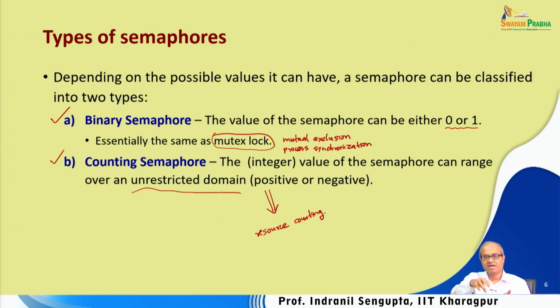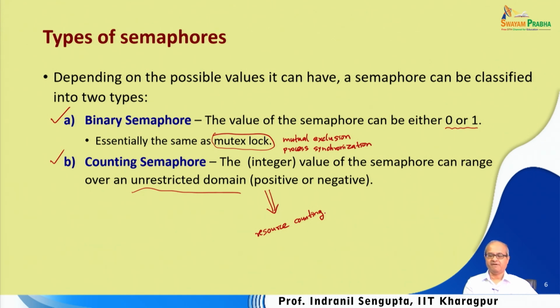And once you take an item out of the buffer, you do a wait on that, and it will decrease by 1. So, it keeps a count. So, broadly there are three applications: mutual exclusion, process synchronization, resource counting. For resource counting, you need a general or counting semaphore.